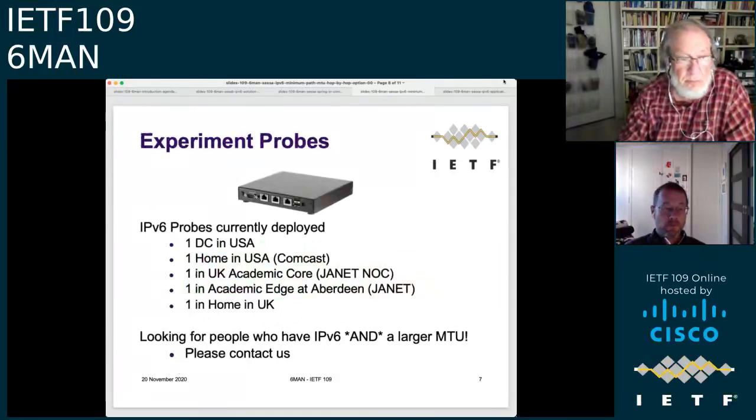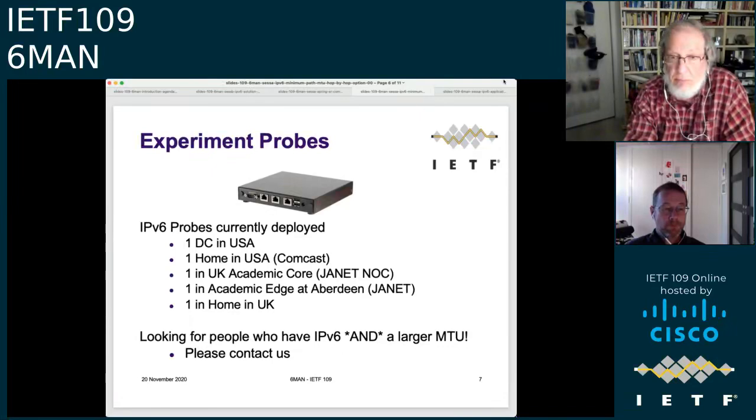I tried to go quickly because we've got slides also on experiments. The hop-by-hop option experiments have currently been based around some IPv6 probes, which look like this. It's a small form PC that's running the probe software. We have 6 of these probes in various places, 2 in the USA, 2 in the UK, 1 at home and 1 elsewhere.